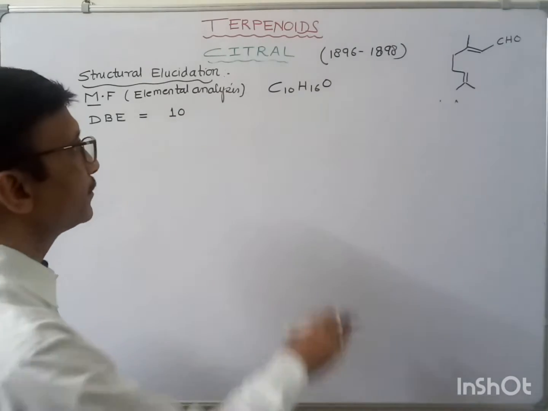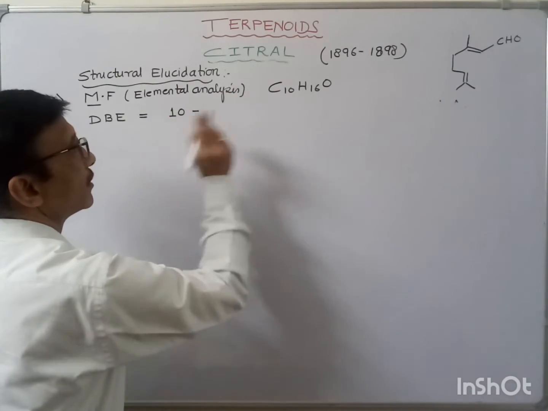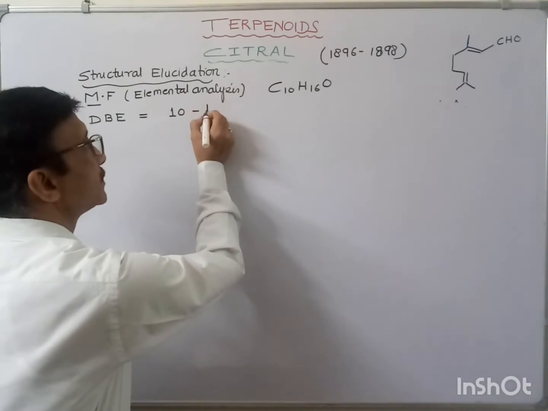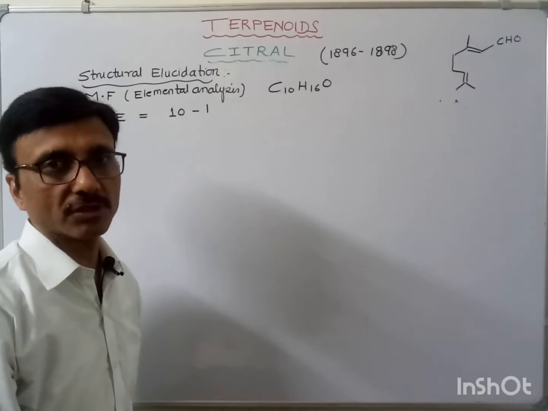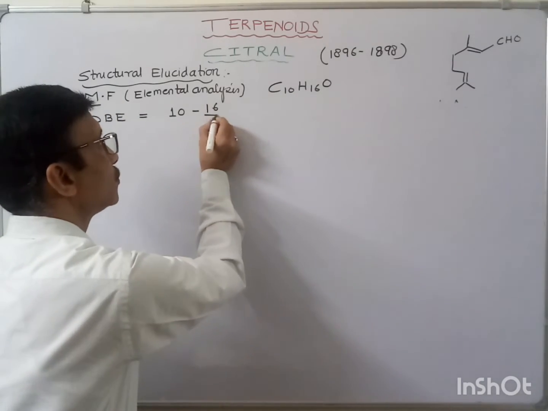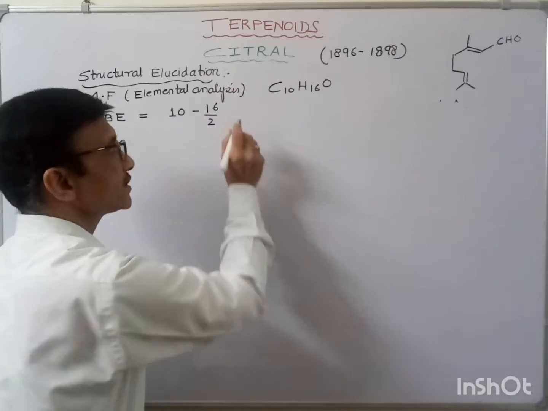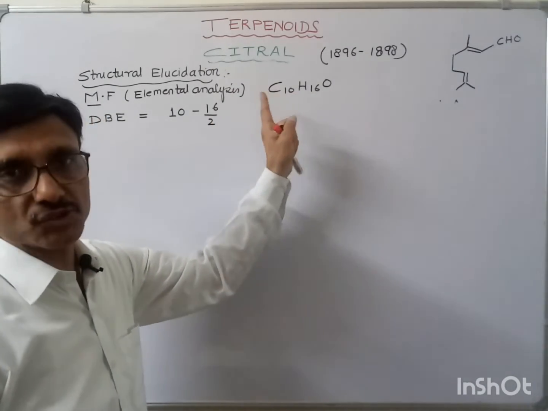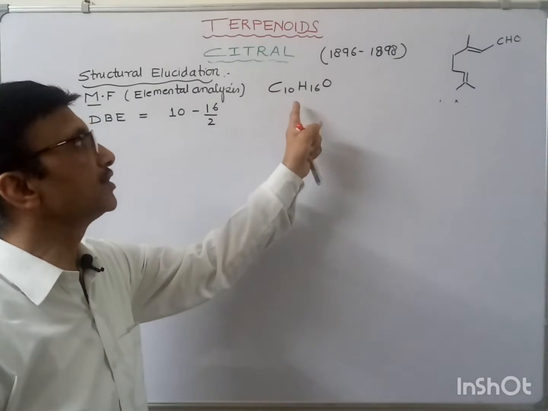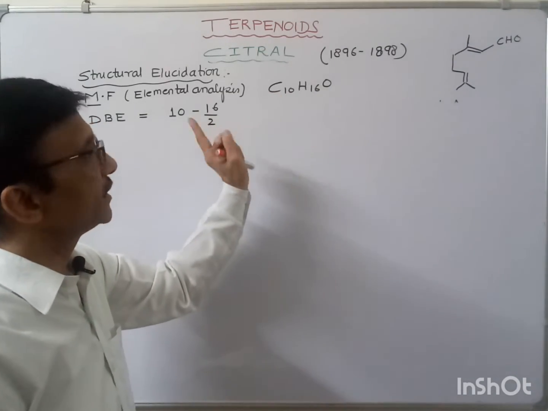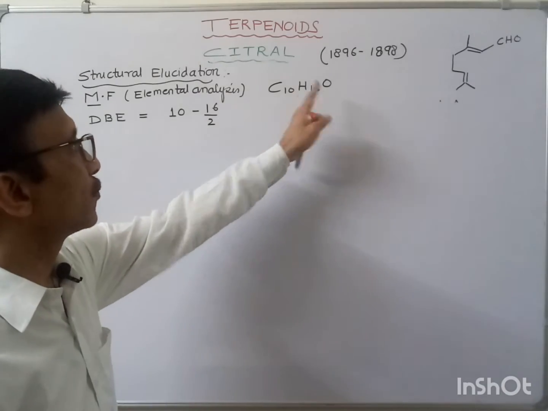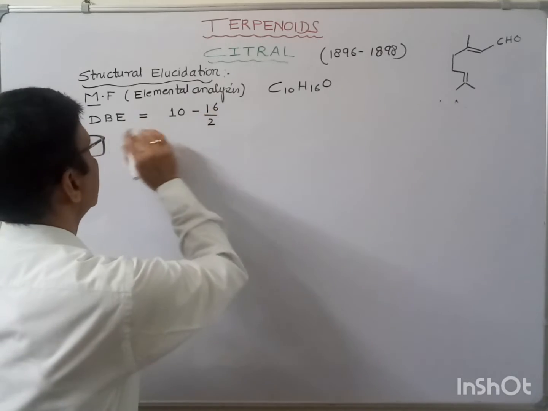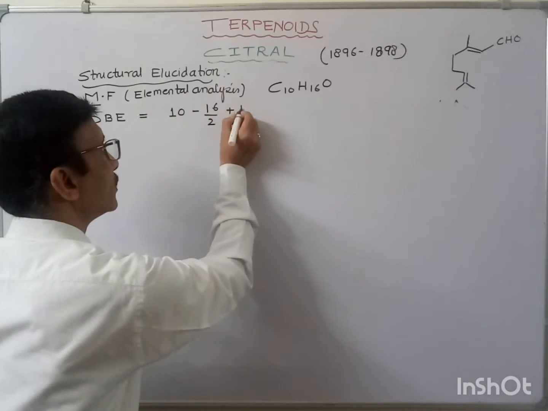Number of carbon atoms minus number of monovalent atoms, meaning hydrogen, divided by 2, plus number of trivalent atoms divided by 2. Here there is no trivalent atom, no nitrogen is present, so that is taken as 0. For oxygen we don't take anything in this DBE, plus 1.